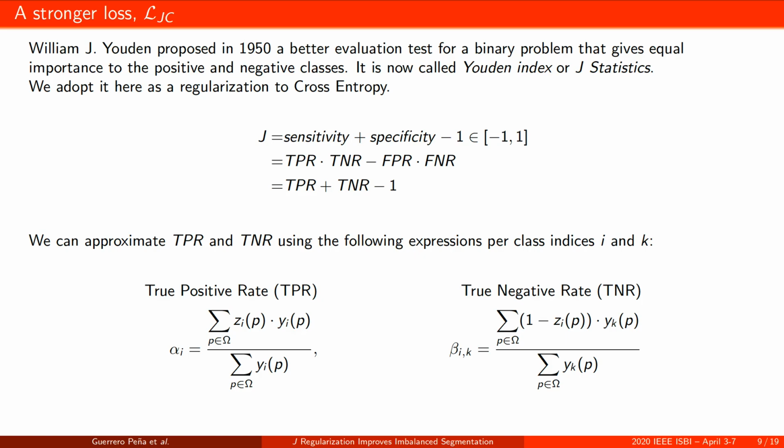We have obtained a stronger classifier by adopting the J statistics introduced by William J. Youden in 1950, also known today as Youden index. In a binary classification, this index gives equal importance to the positive and negative classes. The index evaluates the ability of the classifier to avoid failure.